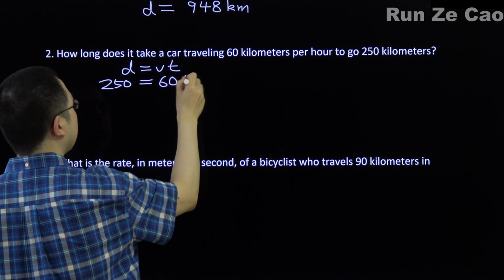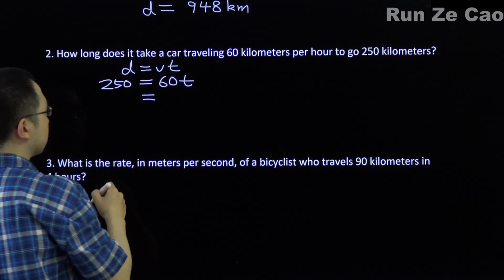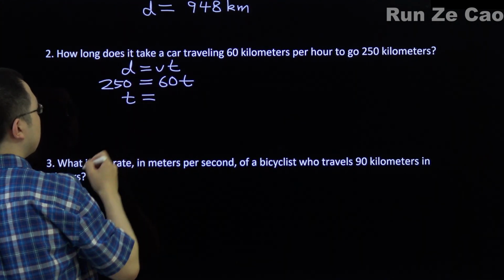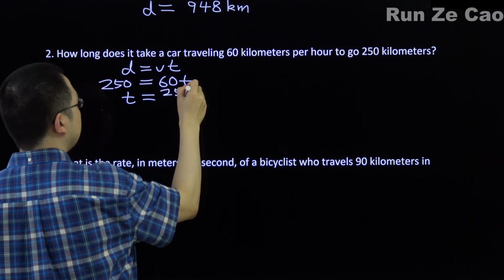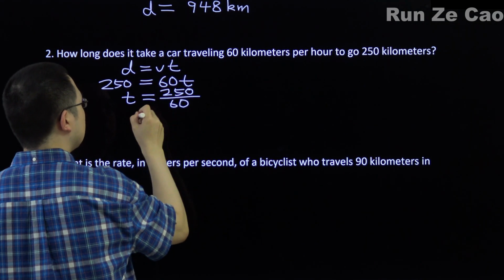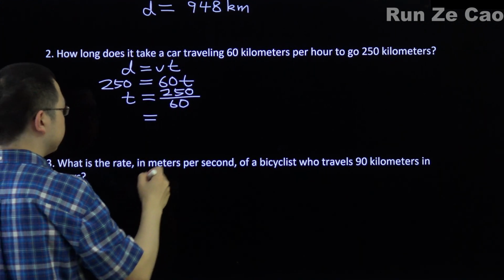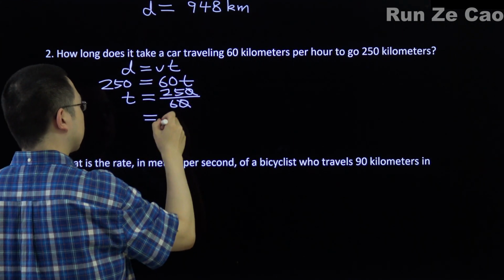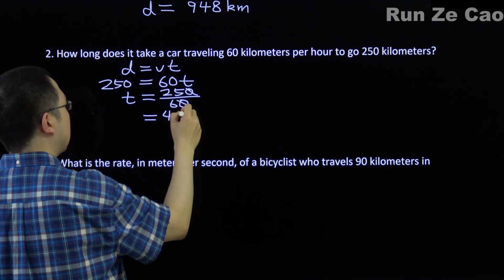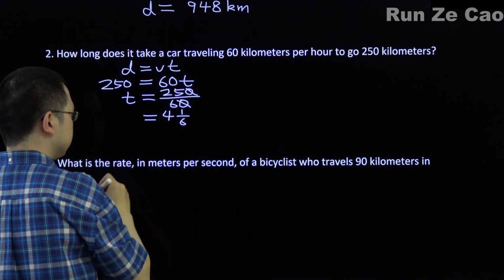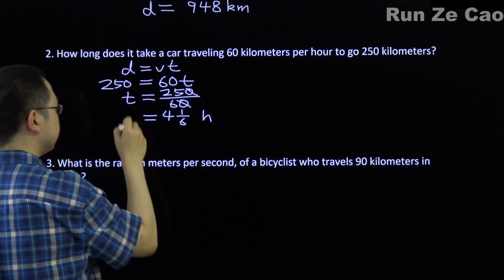The units are compatible, so we don't need to do conversions. The time we're going to end up with is 250 over 60, which is equal to, well, first we cancel a bit, and we get 4 and 1/6 hours.